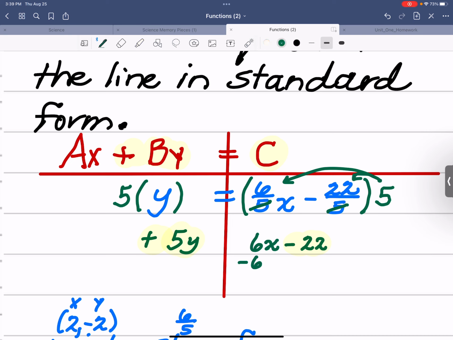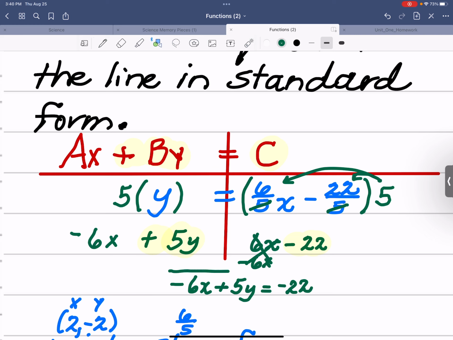So we will minus 6x over here, and cancel. And finally, we have what we need. We have big A x plus big B y equals big C. That is the equation of that line in standard form. Okay?